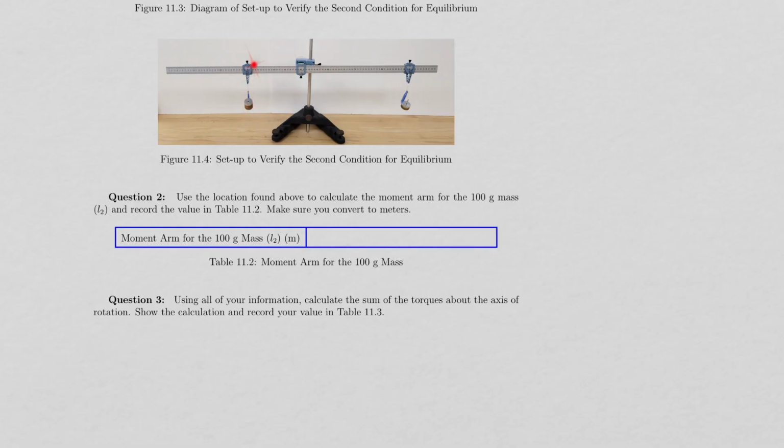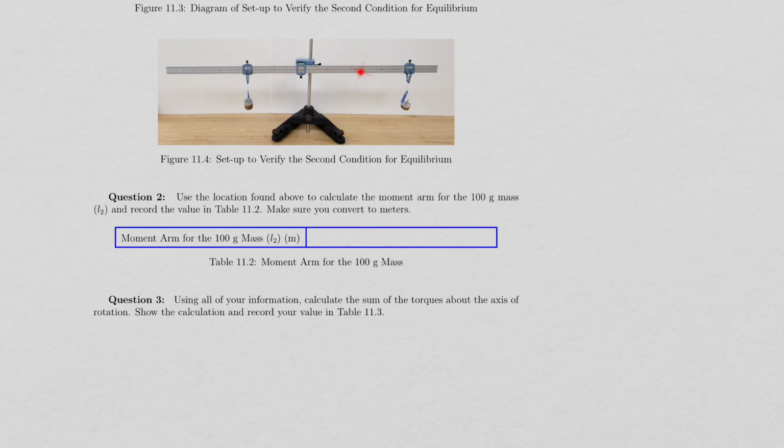Then 20 centimeters to the left, or 0.2 meters to the left, I have a 200 gram mass hanging there, so 0.2 kilograms. It consists of these 2 hangers, and the masses on there are a total of 200 grams, so 0.2 kilograms. And I balance it with 100 grams on the right-hand side.